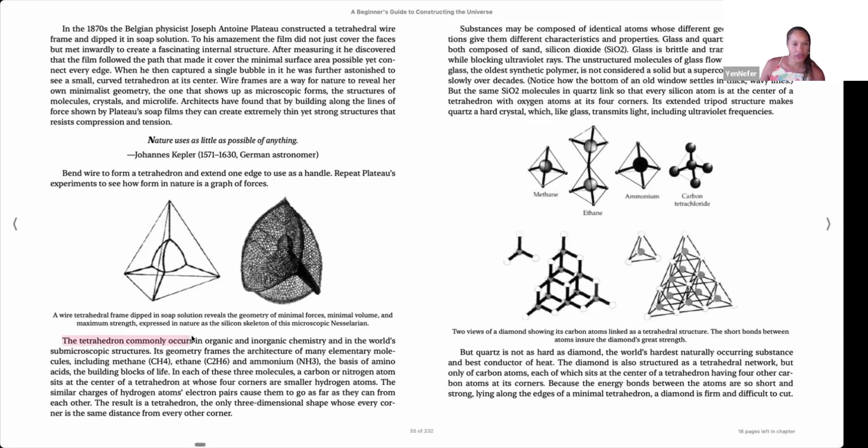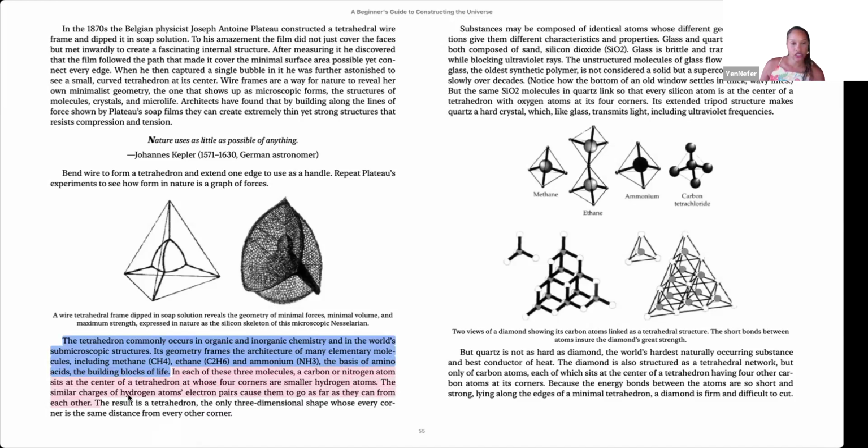The tetrahedron commonly occurs in organic and inorganic chemistry and in the world's submicroscopic structures. Its geometry frames the architecture of many elementary molecules, including methane, ethane, and ammonium. The basis of amino acids, the building blocks of life. In each of these 3 molecules, a carbon or nitrogen atom sits at the center of a tetrahedron at whose 4 corners are smaller hydrogen atoms.